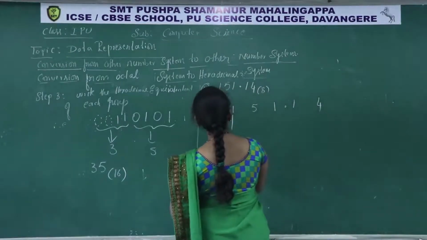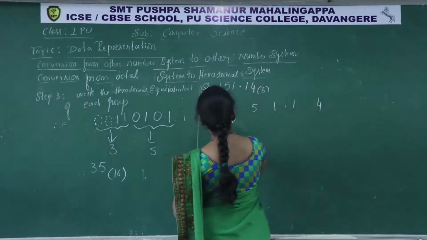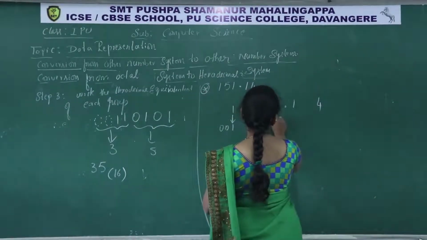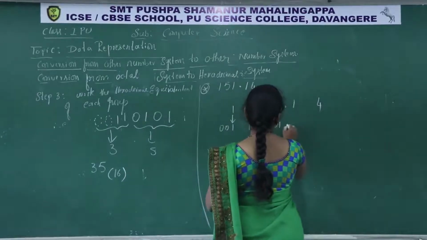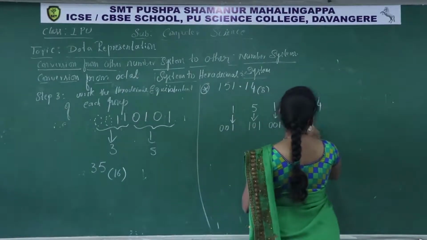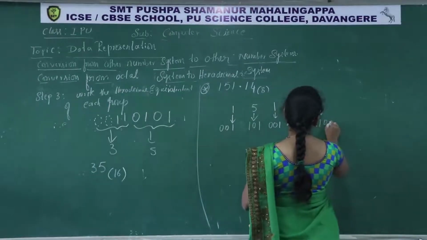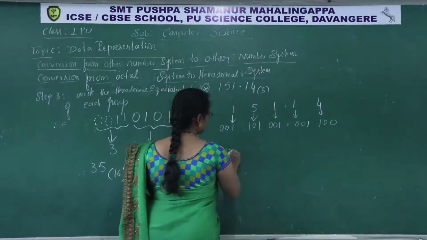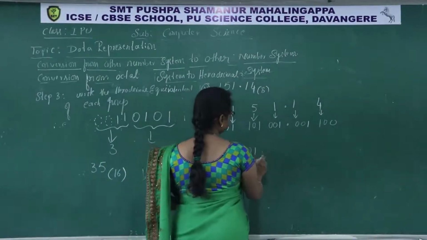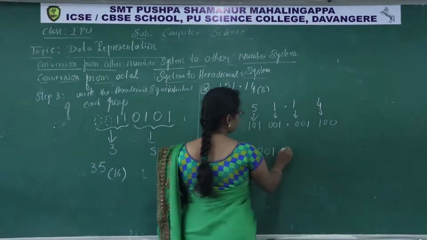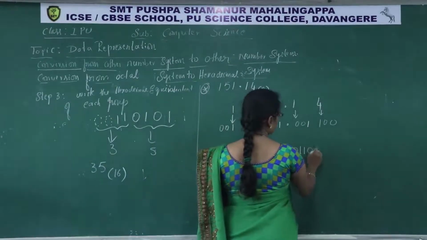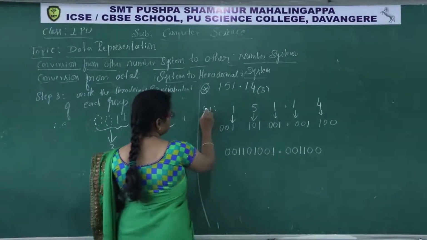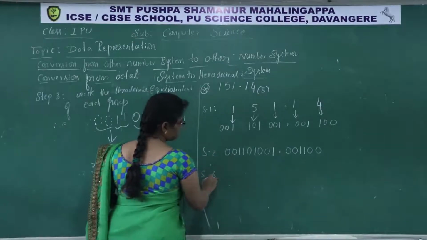How to write the 3-bit binary here? For 1, 001. Here 101, 001. Then for the fractional part, 001, here 100. In the next step we have to write these bits together. 001, 101, 001.001, 100.